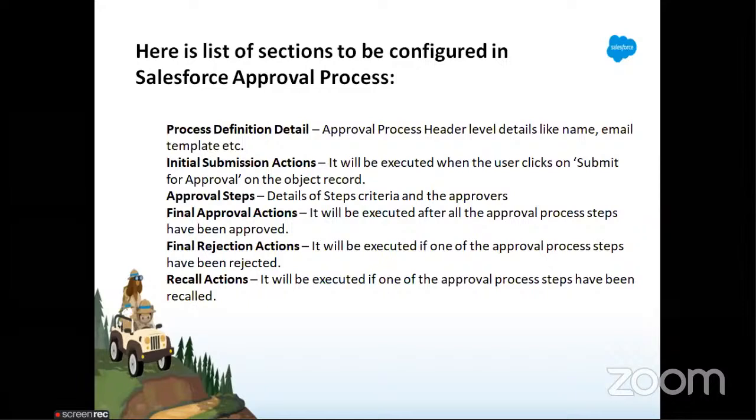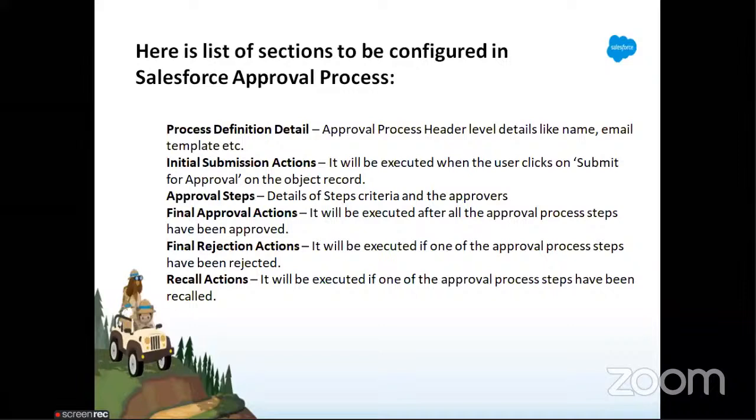Like if you want to send emails, then all the email templates should already be with you. That means you first need email templates for specification. When you start an approval process, and a record is submitted for approval, what is the initial action?